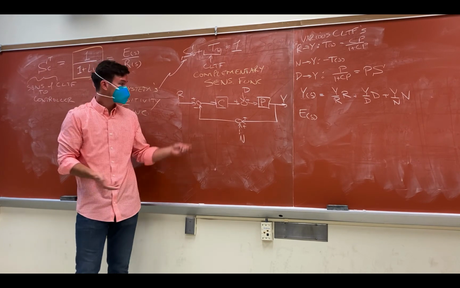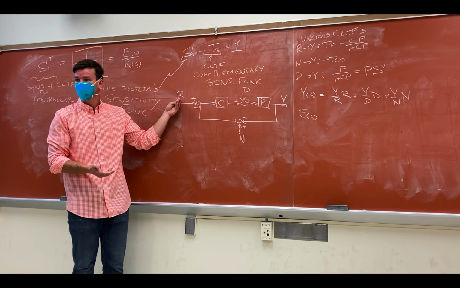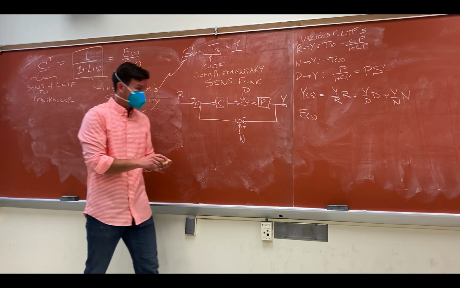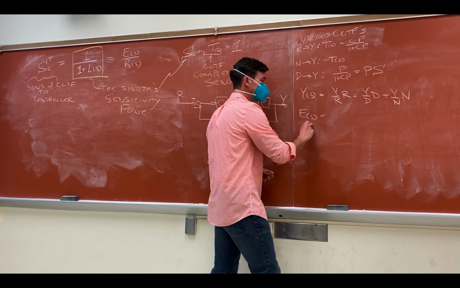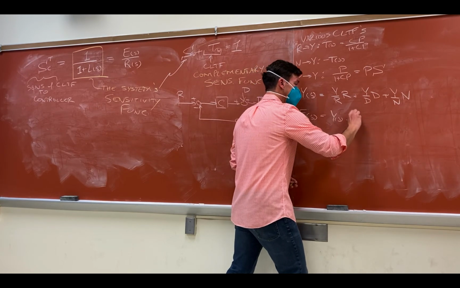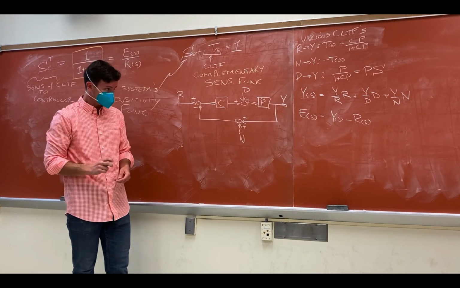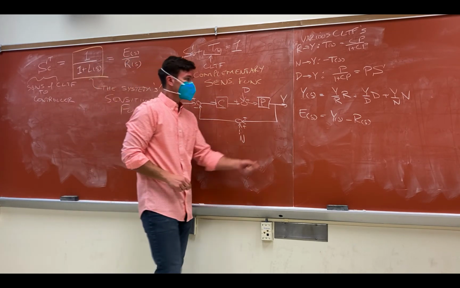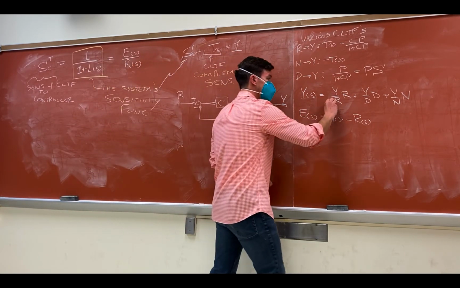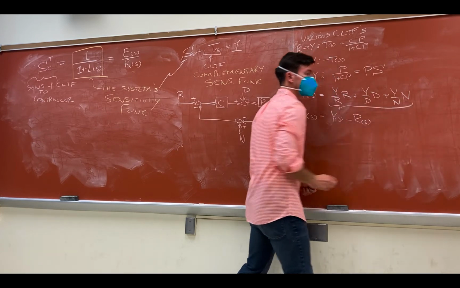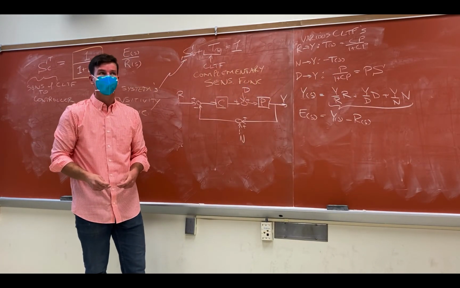And that's true regardless of the shape of this function. Okay? So the error will still be the output minus the reference. That was our definition from back in the day. But this output is now the sum of all three of these inputs. Sorry, outputs.